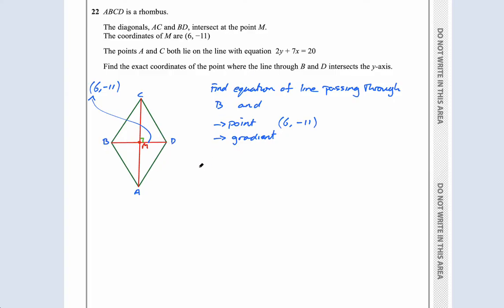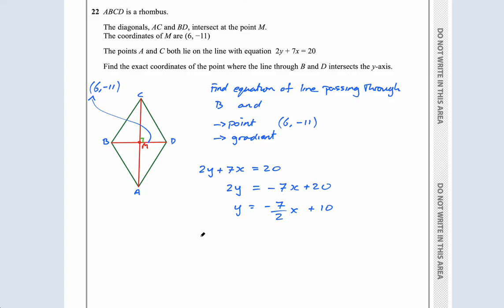So I'm going to get this equation, 2y plus 7x equals 20, and find the gradient of this line. I'll find it by writing it in the form y equals mx plus c. So I'm going to write 2y equals minus 7x plus 20. Y is equal to minus 7 over 2x plus 10. I've divided both of these by 2.